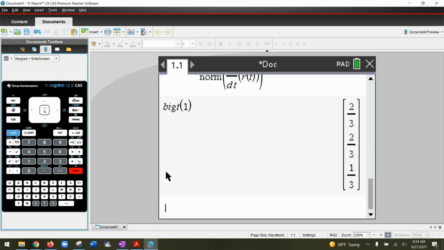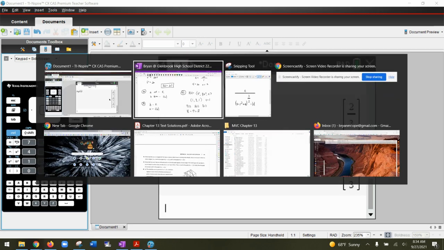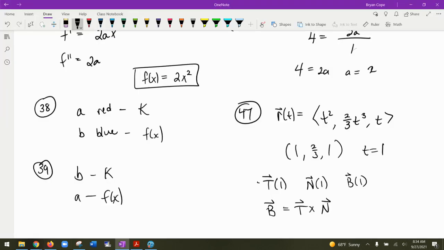So now big T at 1 is that vector, 2/3, 2/3, 1/3. Okay, I just checked that with the solution manual. 47, big T at 1, very good.